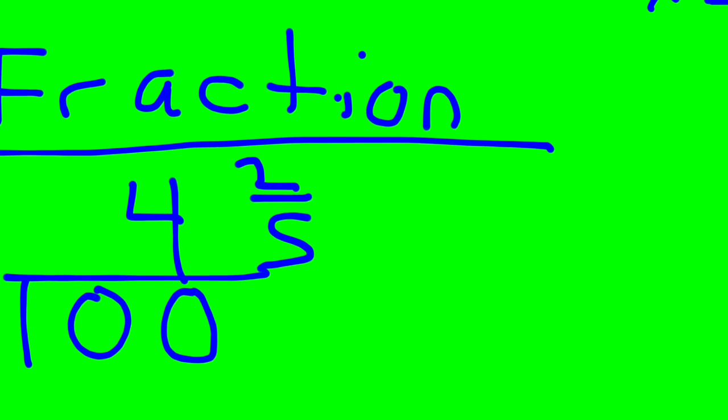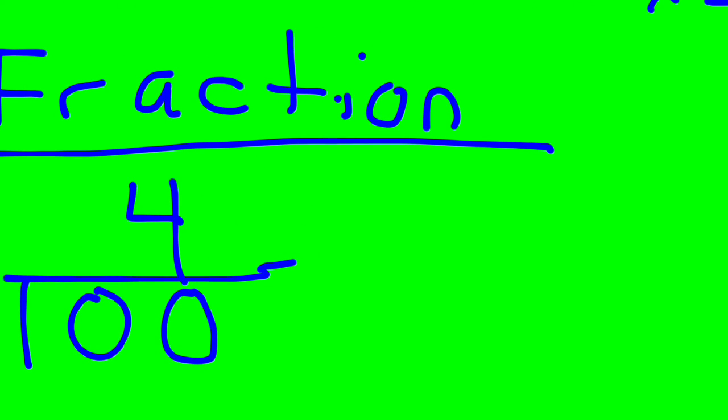So we take the 2/5 and we make that into decimal form by timesing the top by 2 and the bottom by 2. And that's 4 out of 10, which is 0.4. So we take our trusty eraser and we erase that 2/5 and we make this.